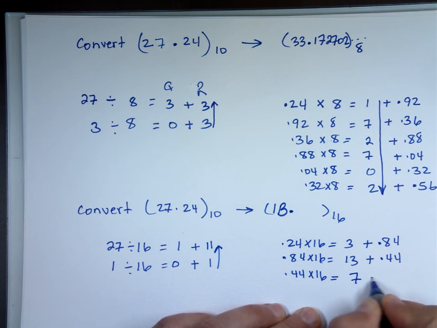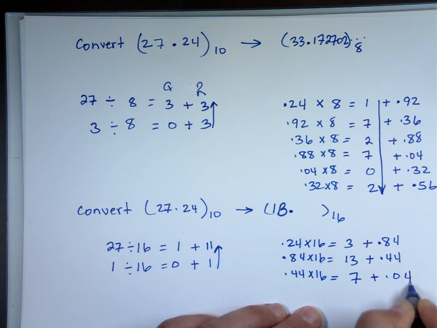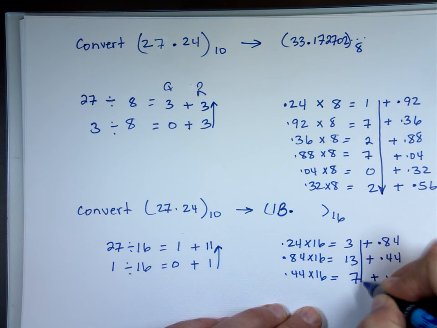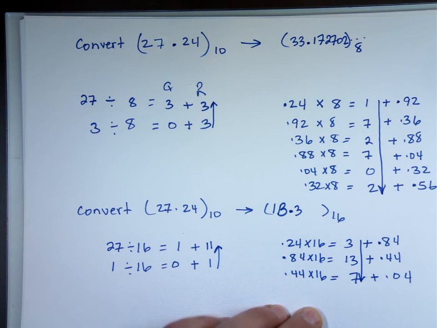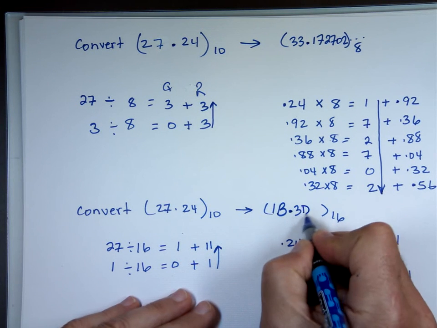And it keeps going. So when you write that, you write them this way. 3. And what is 13? A is 10, B is 11, C is 12, D is what? 13. So 3, D, 7.